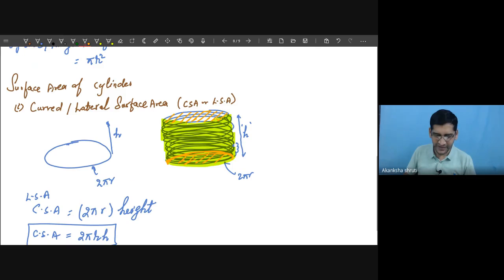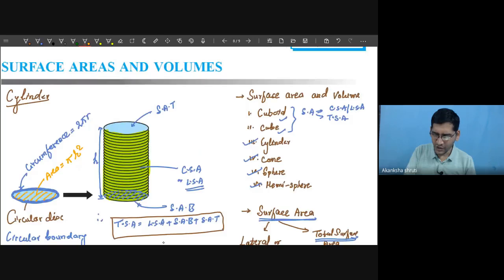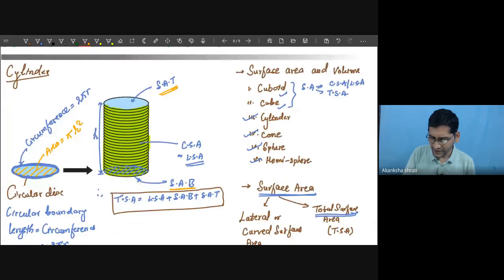Here you can see in this figure, it is the surface area of the top, and another is the surface area of the bottom. Whatever we have calculated, this CSA is 2 pi r into height h. Now for calculating the total surface area, the bottom and top areas have to be added.